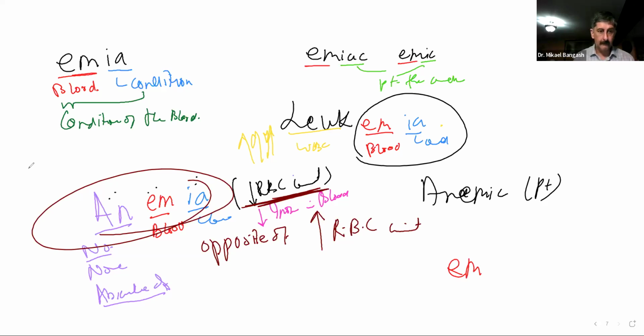It's going to end up with M-E, which as a whole means a blood condition. A condition related to the blood. But we will have a word which is going to be poly, P-O-L-Y.